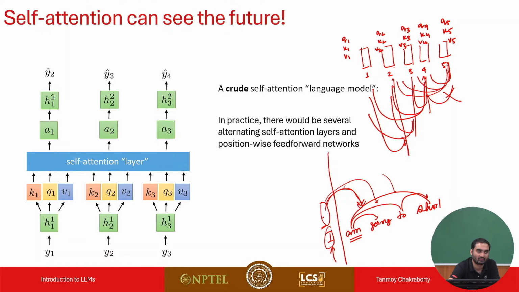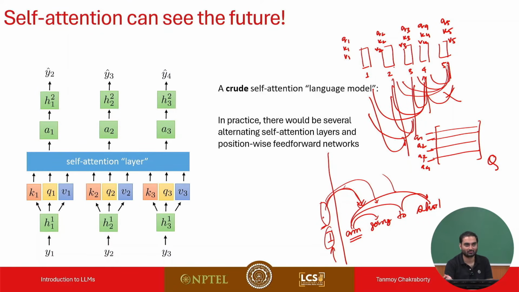Okay, how do we do this in practice? Now remember, in practice all these vectors will not be vector operations, we'll basically do matrix operations. Meaning I have a query matrix Q, where all the queries are present: Q1, Q2, Q3, Q4.